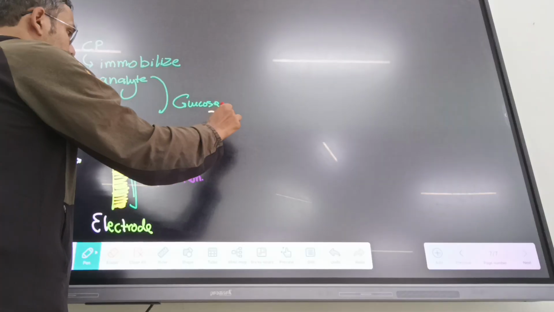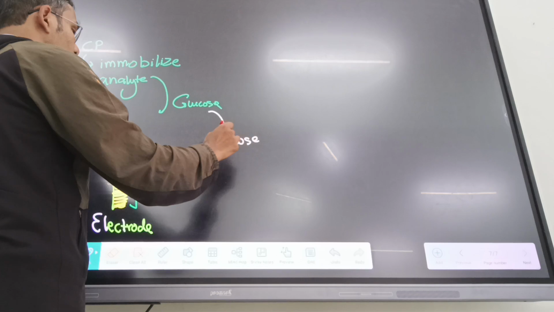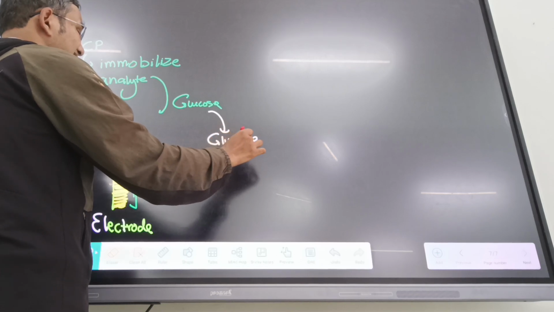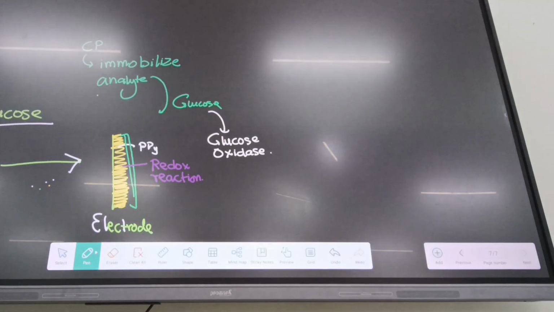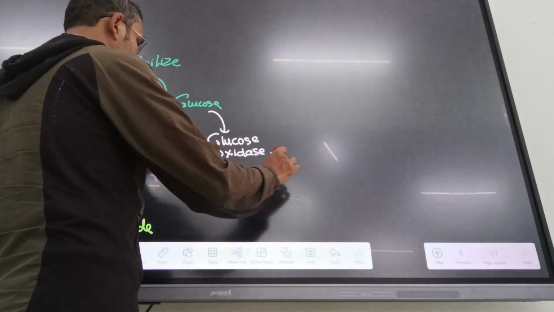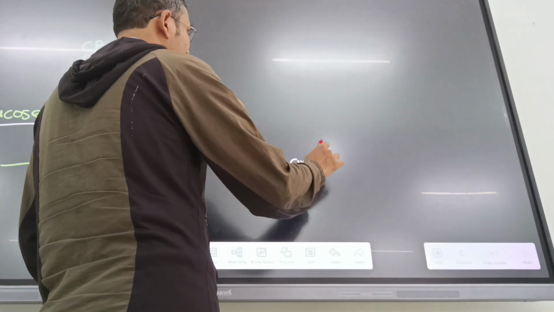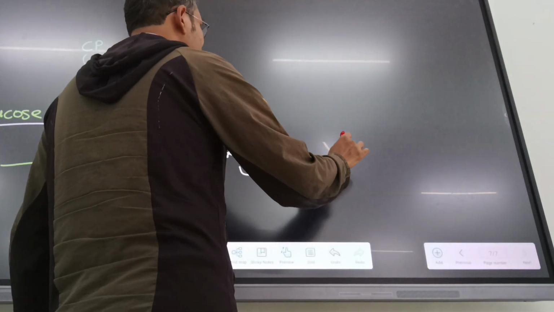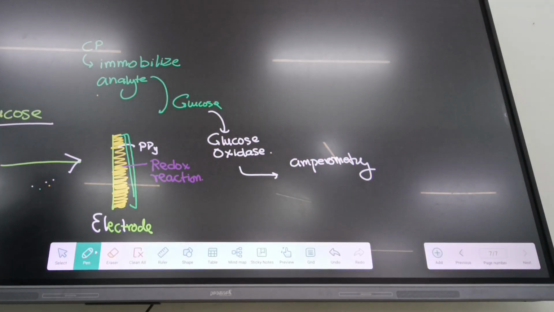From glucose it converts into glucose oxidase. So if there is reduction, the current that comes out of it is called amperometry. The current that comes out of the electrochemical reaction is captured; that is called amperometry. That's how we can actually detect whether glucose is present or not.